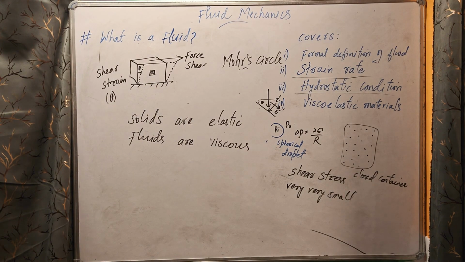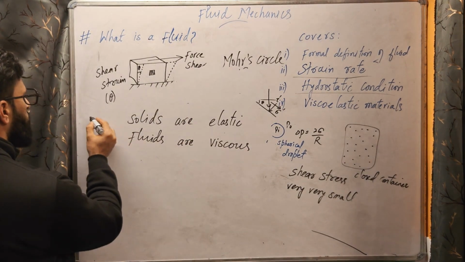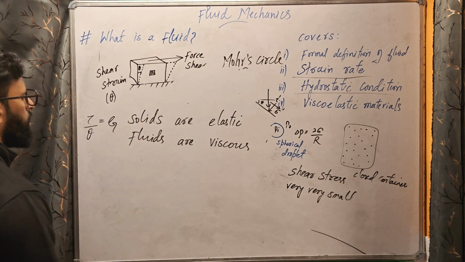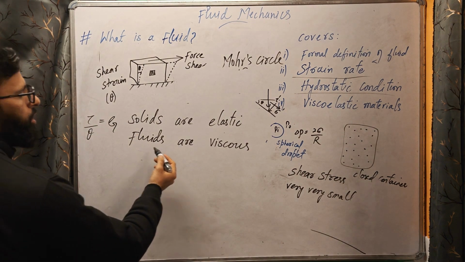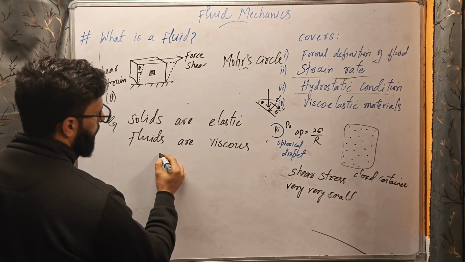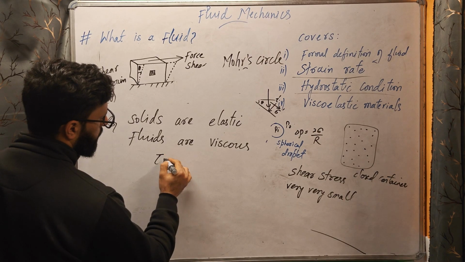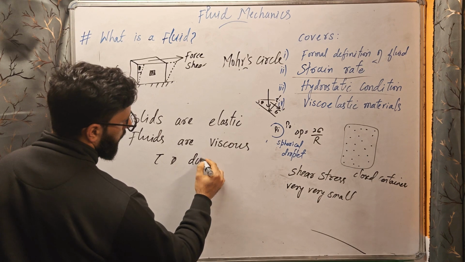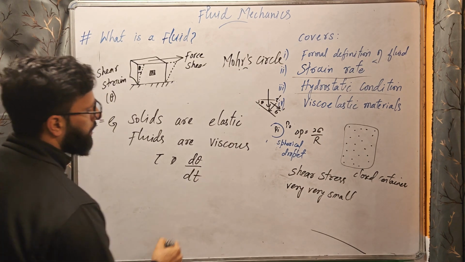We know in case of solids we have this relationship, and in case of fluids what we have is shear stress and strain rate, that is d theta by dt, that is the strain rate.